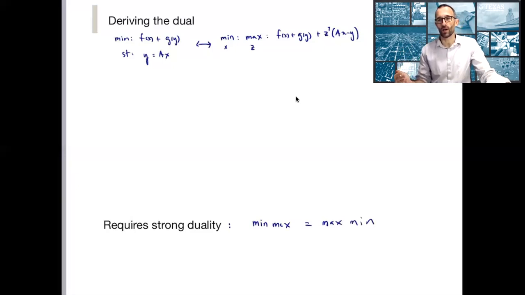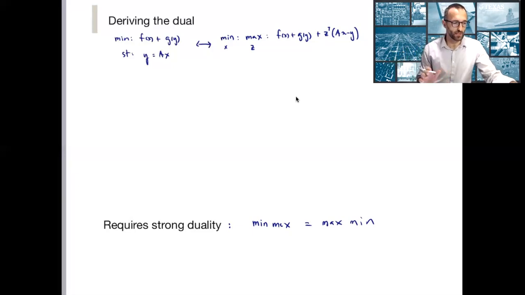Excellent work on this is by Bertsekas, Ozdaglar, and Nedic. There's a book called Convex Analysis and Optimization, which talks extensively about strong duality and how we can derive it from different sets of sufficient conditions.